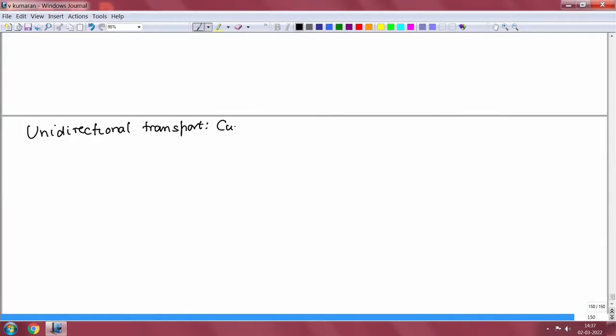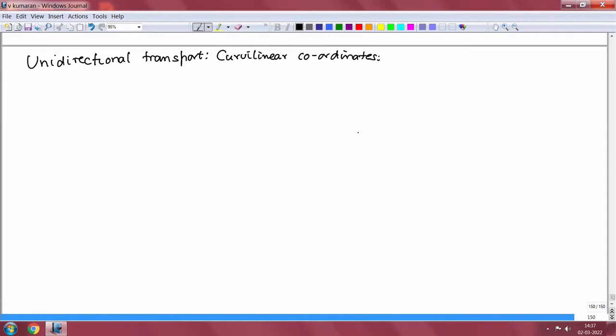We will consider unidirectional transport in a curvilinear coordinate system.